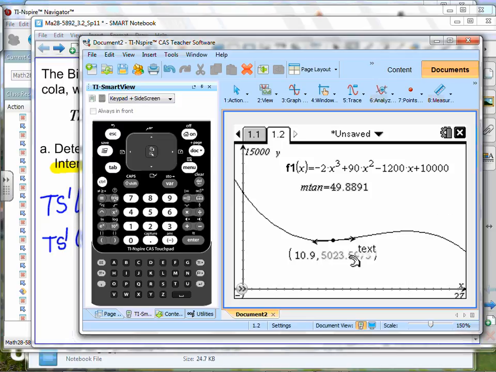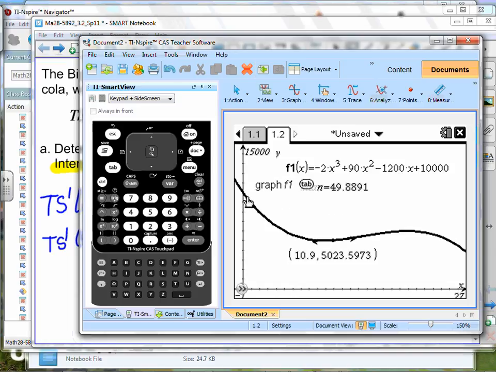Visually, we can see this. I want to know analytically how we know that. And so if we're looking at the derivative, how does the derivative help us determine where those turning points are located?